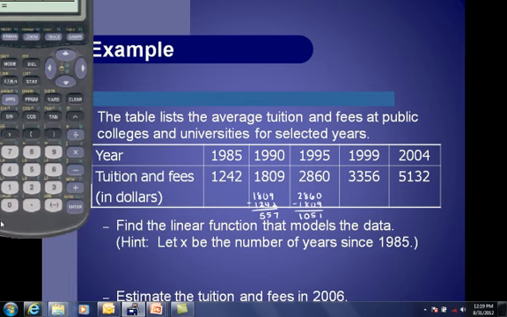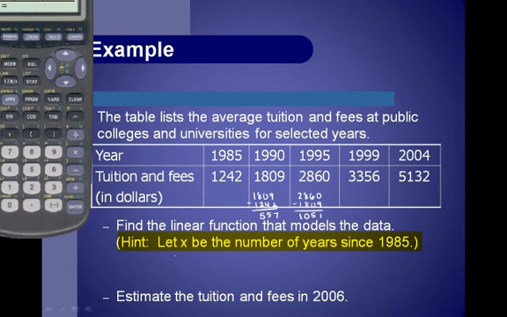Before I start typing these in, always look for this little statement because it appears a lot. Let x be the number of years since 1985. This makes the numbers a lot smaller and easier to work with. So this x value is going to be 0. This is 5 years after 1985. This is 10 years after 1985. 1999 is 14 years after 1985.